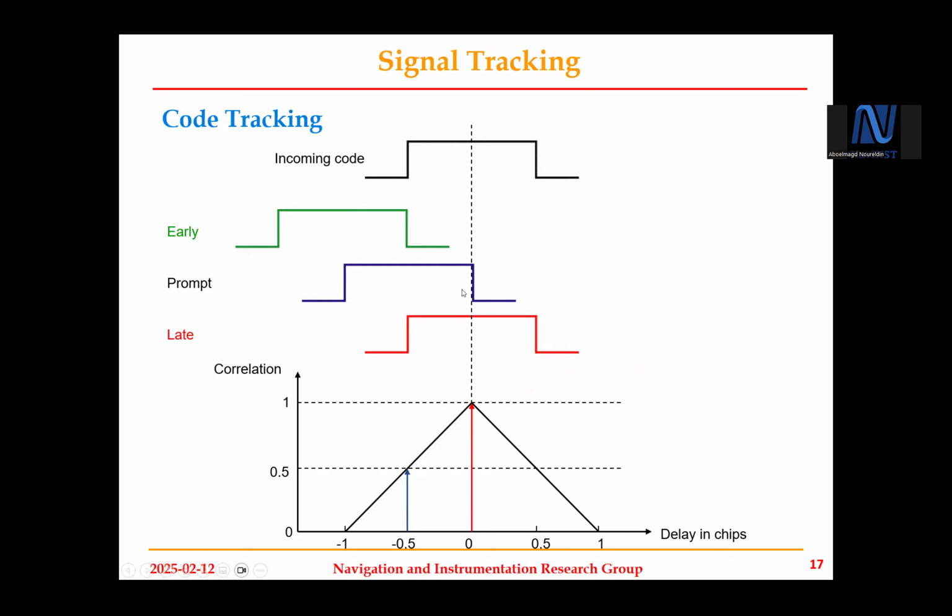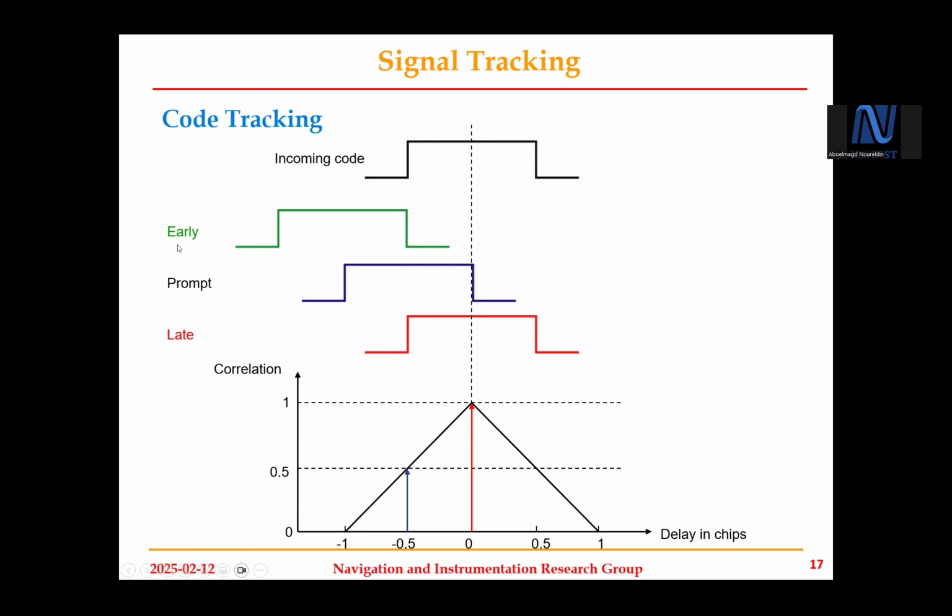Now, I want you to pay attention here. We mentioned that we need to keep aligned with the incoming signal. Now we are talking about time, the delay. But we cannot do that with one signal replica. So in code tracking, we generate 3 replicas instead.